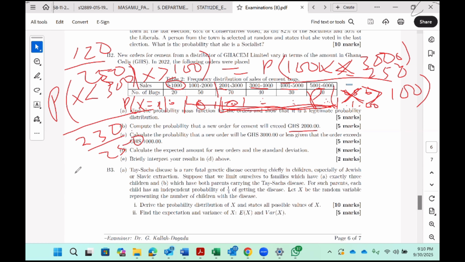Your probability will simply be 120 divided by 230. So 12 over 23 will be the probability that the sales is less than or equal to 3,000 cedis, given that it's greater than 1,000. So you have to apply a conditional probability to this.